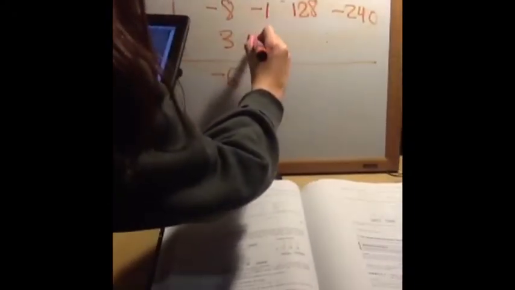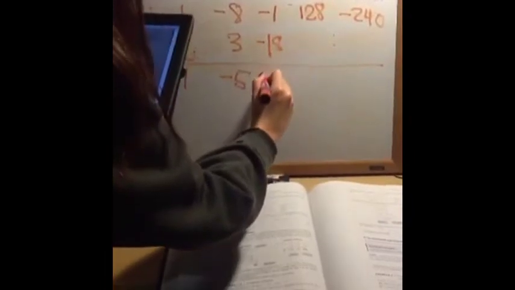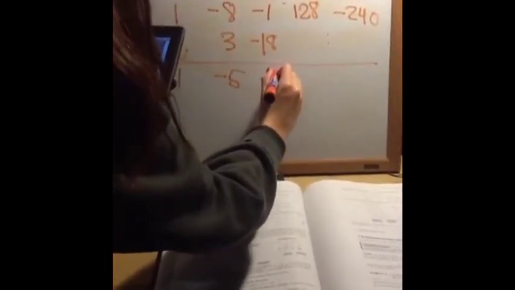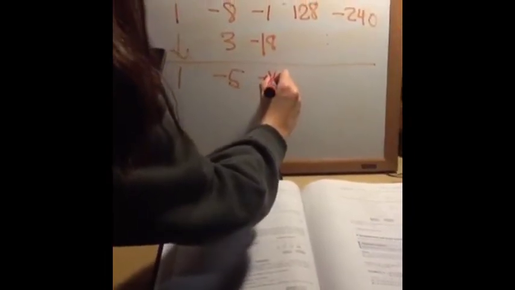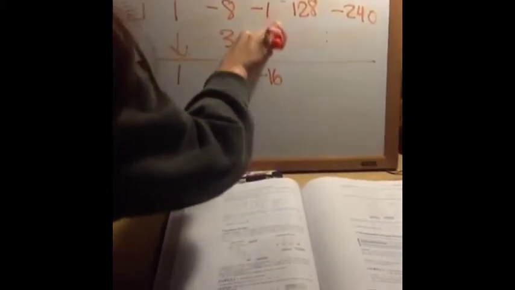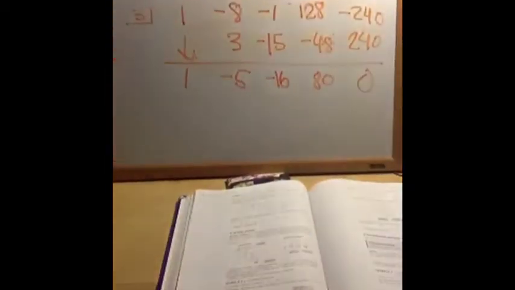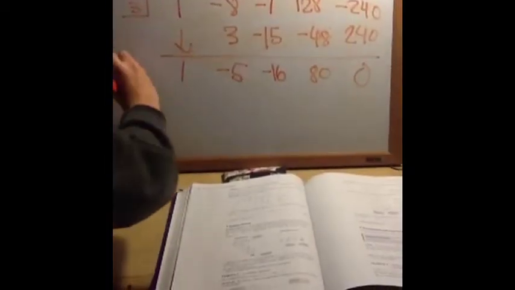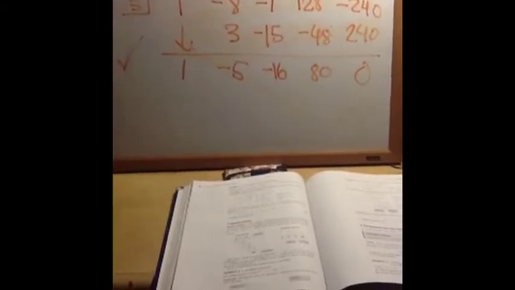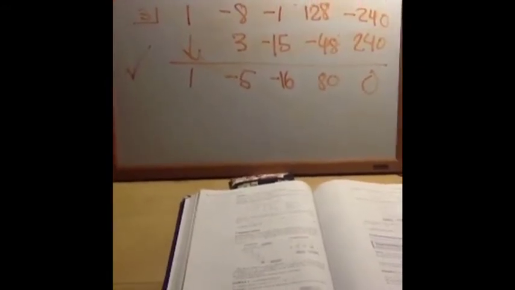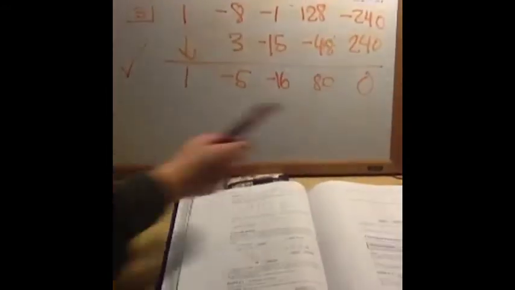This will be negative 5, this will be negative 6. Negative 16, negative 48, 80, this would be 240, and this would equal 0. So check, because it proves that x minus 3 is a factor of this polynomial since we got 0 as a remainder.